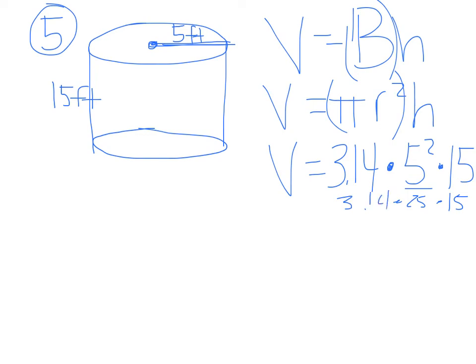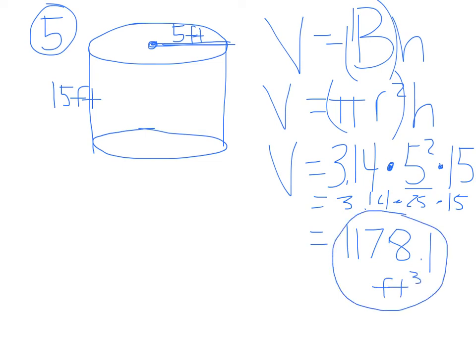And we have an answer. If you multiply all three of those, you get about 1,178.1. This will be feet cubed. So the only part I left out here is all the calculation of the multiplications. All right, that was actually example A. Let's try B.